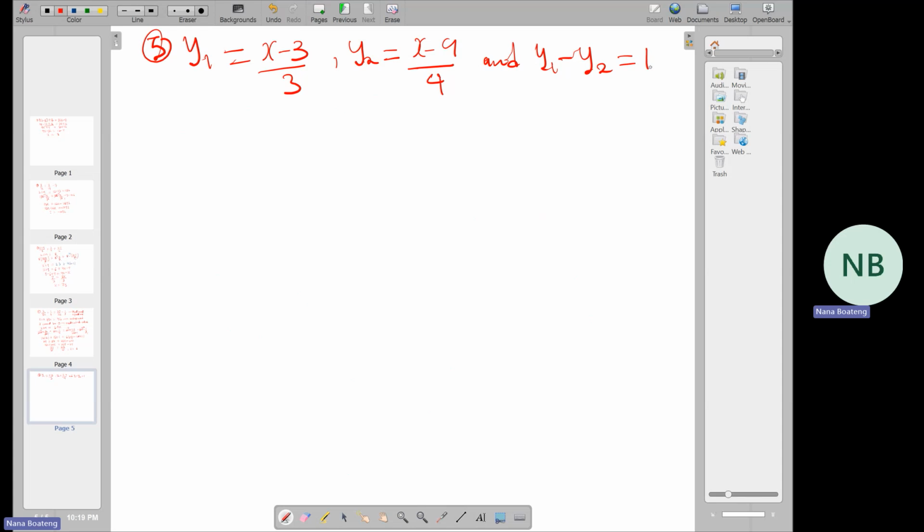All right, so here we know y1, we know y2. So we can plug them into this equation, and from there proceed to solve.